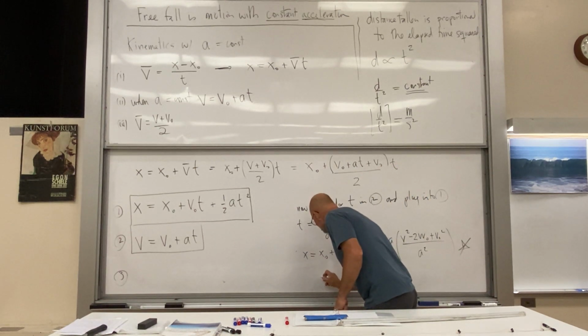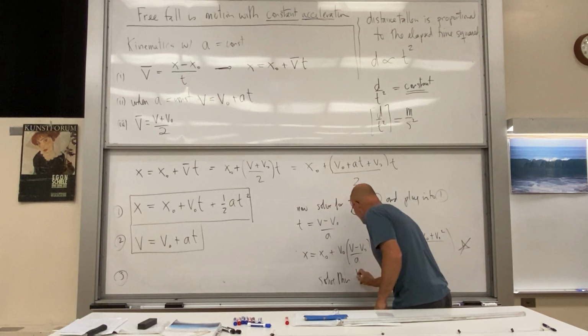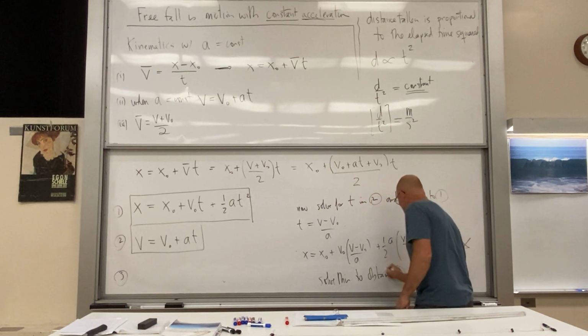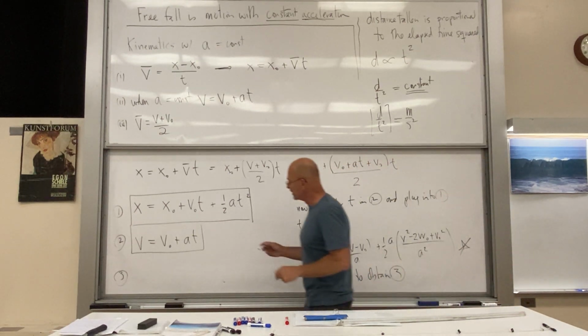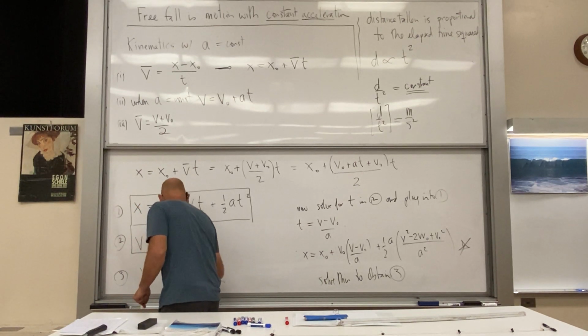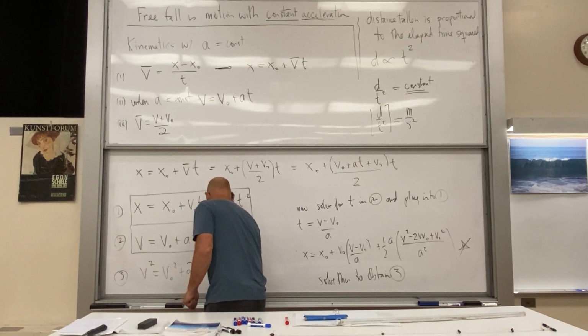Students should solve this to obtain equation 3. Okay. So I'm going to write equation 3 down. What you'll end up with is v squared equals v0 squared plus 2a times x minus x0.